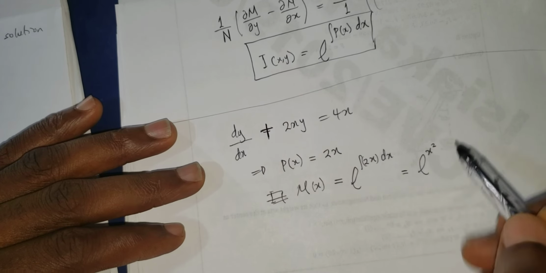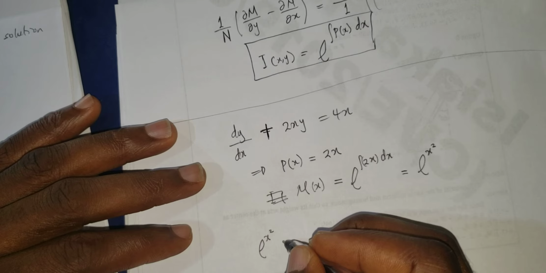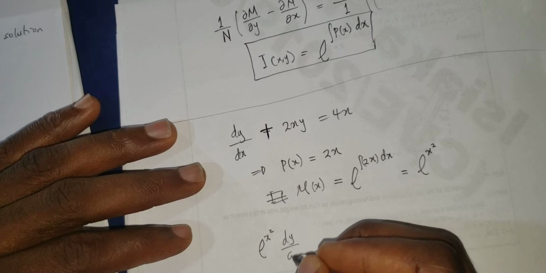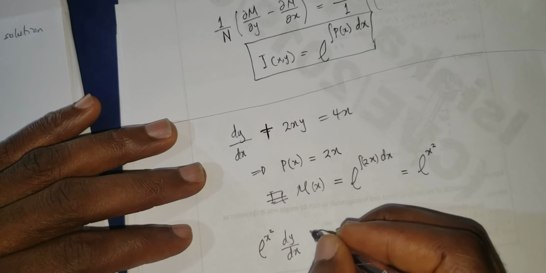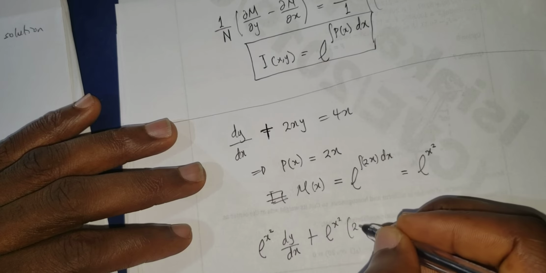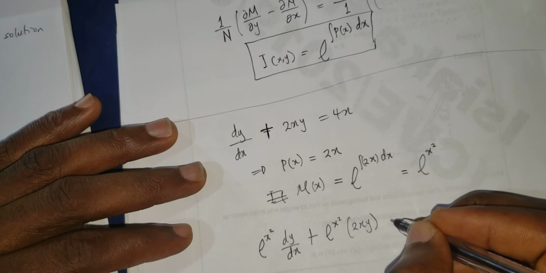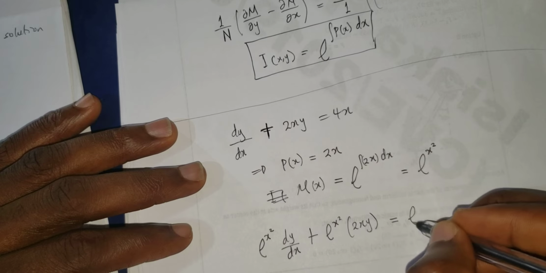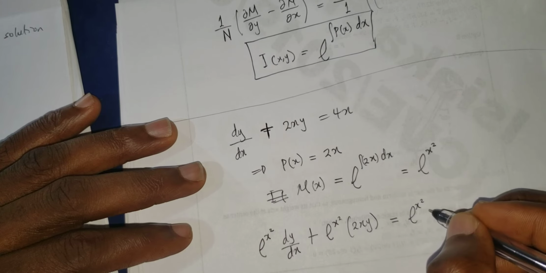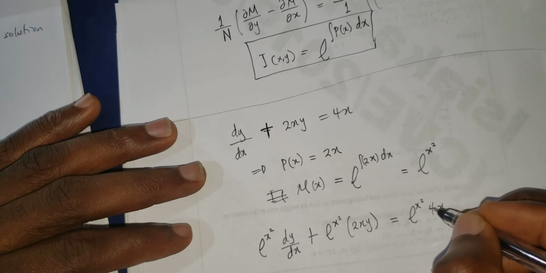So at the end of the day, I'm going to have e raised to power x squared dy/dx plus e raised to power x squared times 2xy is equal to e raised to power x squared multiplied by 4x.